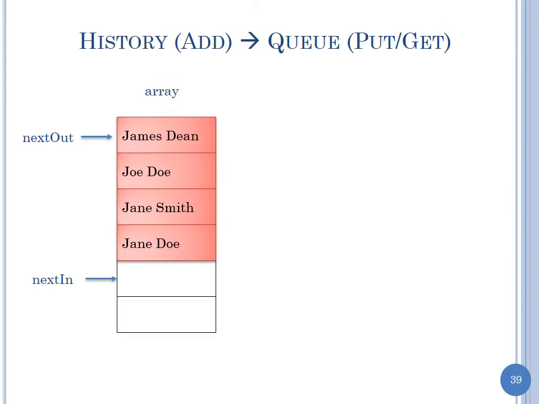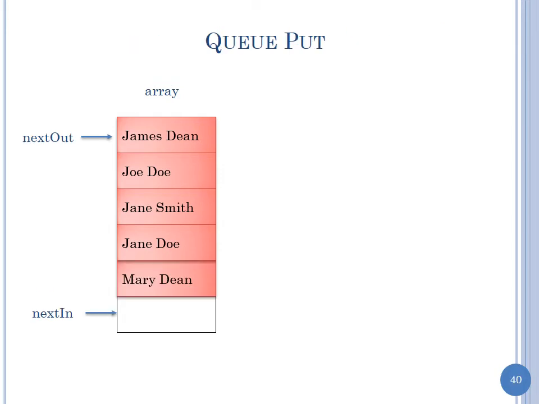So next in is like our history add. It adds an element at next in and increments it, and our get uses next out. It reads the element at next out and then increments next out. So that was relatively straightforward.